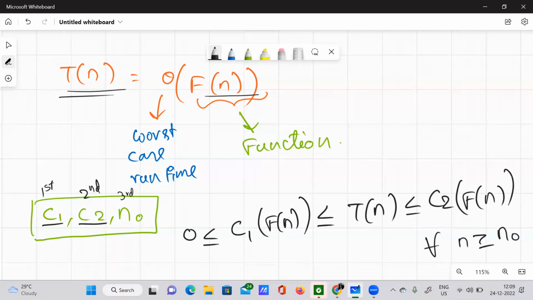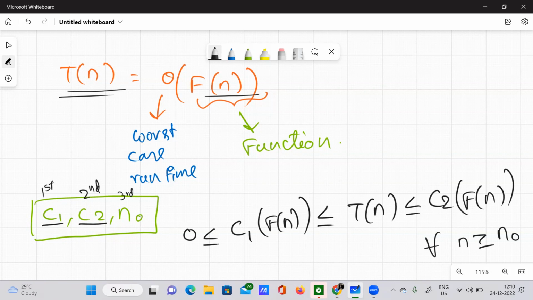Imagine these constants exist in my equation, then I form the relation that 0 is less than or equal to c1 of f of n, less than or equal to t of n, less than or equal to c2 of f of n.